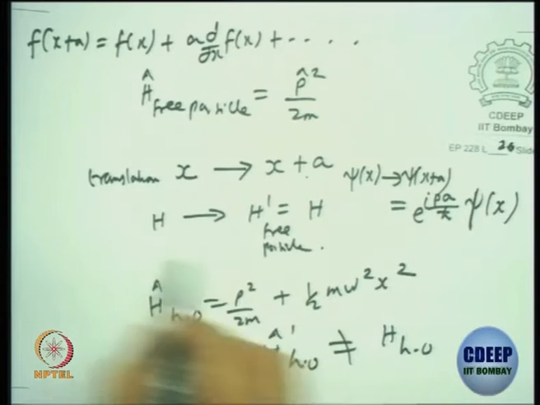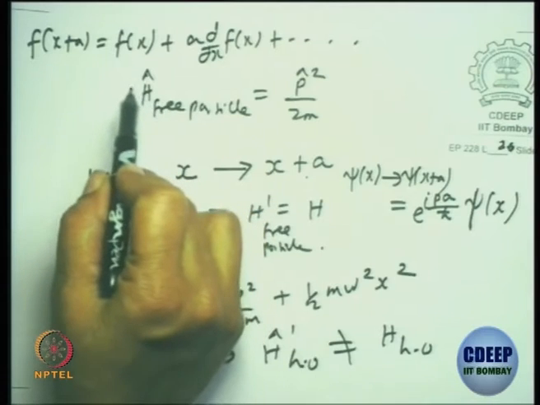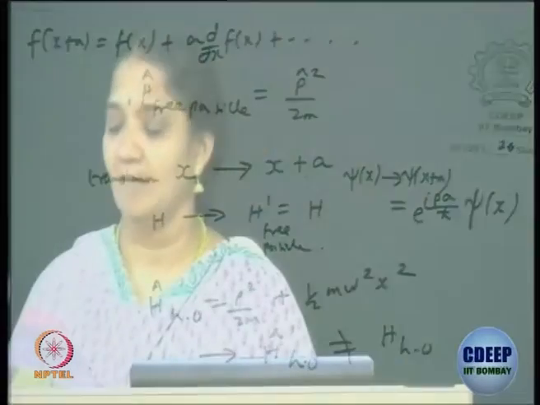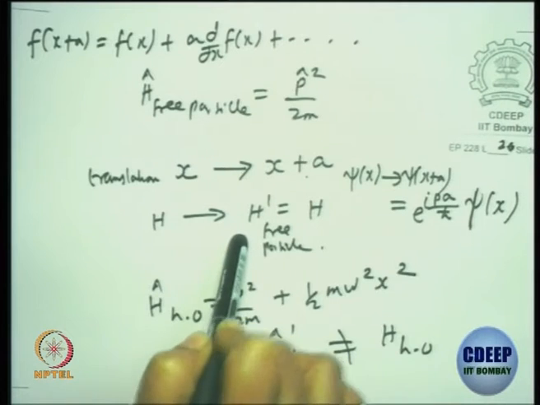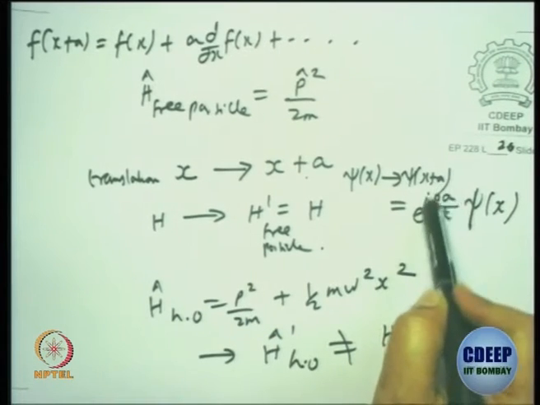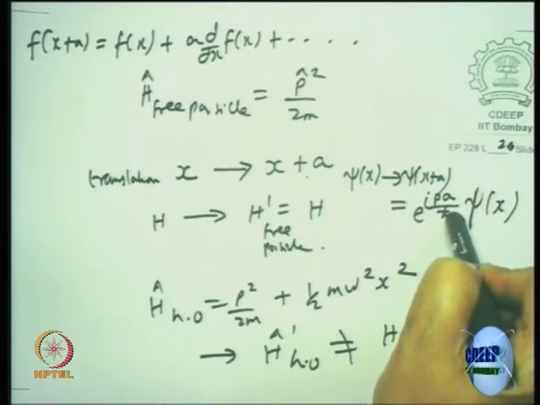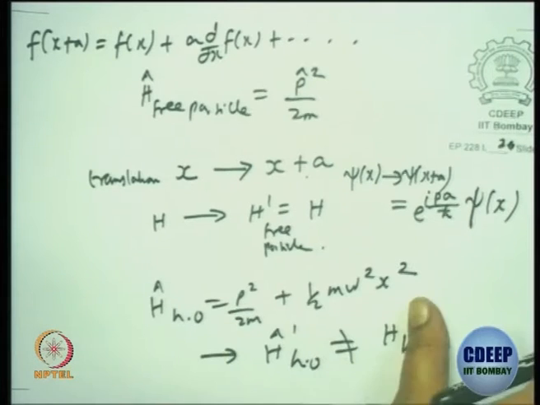What is the meaning of this? Free particle has the translation symmetry, whereas harmonic oscillator does not have the translation symmetry. If there is a translation symmetry, the operator which performs the translation is the linear momentum. Linear momentum has to be conserved in quantum mechanics. So let me write that.